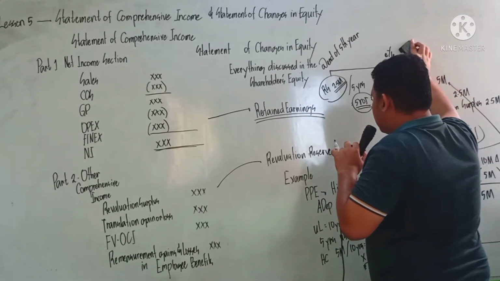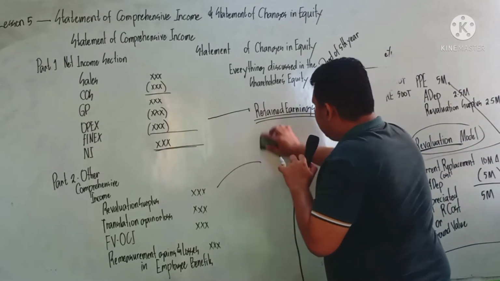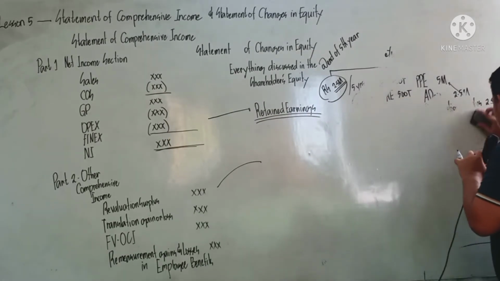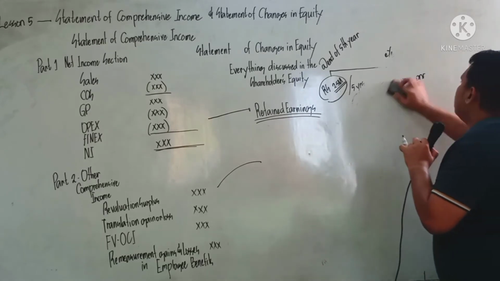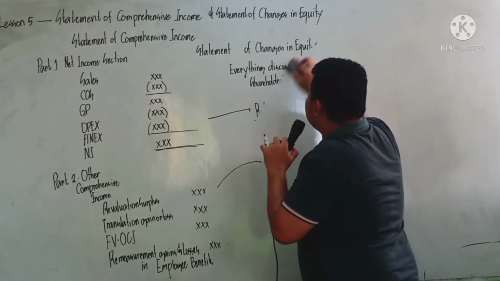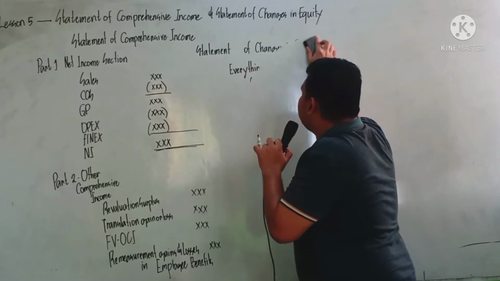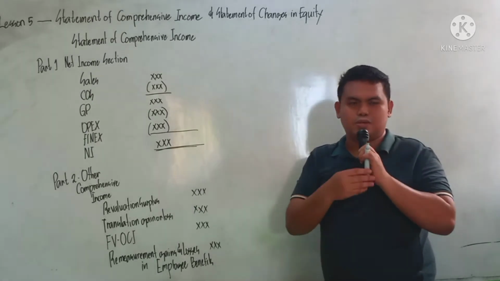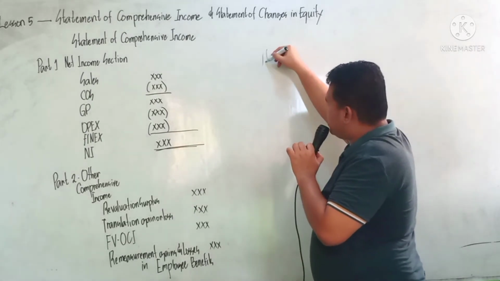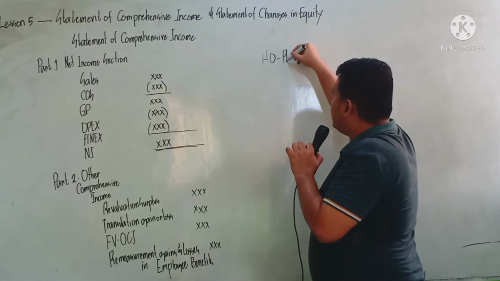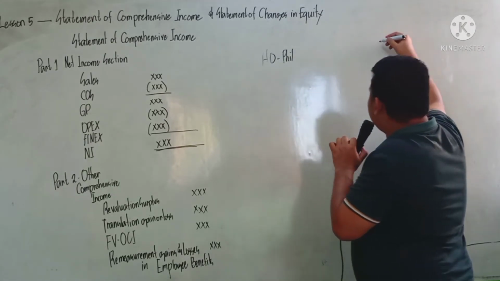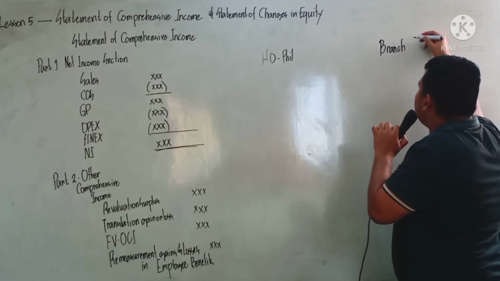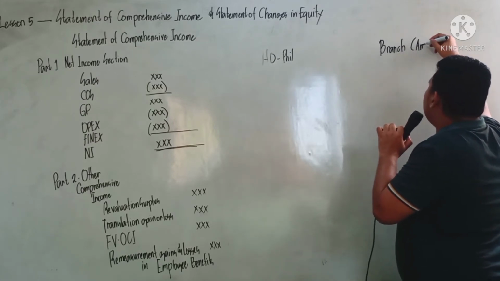So, let's call our company Jubaby Corporation, with a home office here in the Philippines and a branch outside the country. So we have the home office here in the Philippines and a branch, for example, in other country. For example, it's in America.